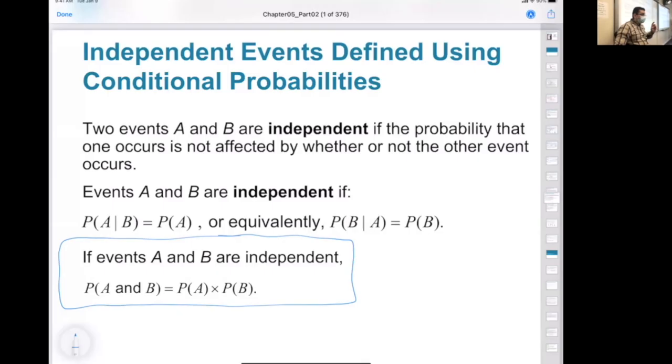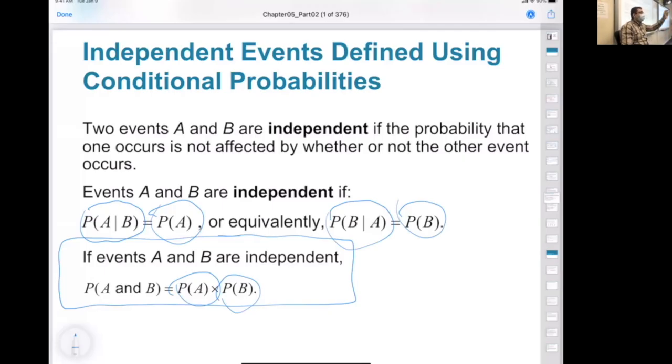But suppose we don't have unconditional probabilities. These are unconditional probabilities. But we have conditional probabilities. So if the probability of A given B is equal to the probability of A, or the probability of B given A is equal to the probability of B, then we have independent events.